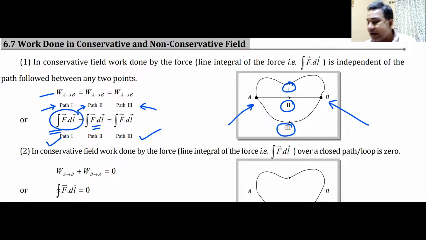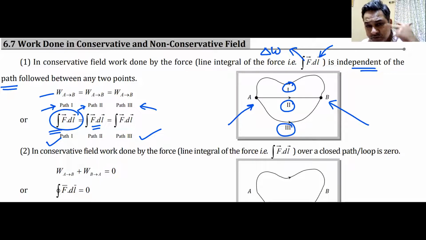Integral of f dot dr is same in all the 3 parts. That is a conservative force. Integral of f dot dl is independent of path. And what is integral of f dot dl? It is the work done by this force in any of the paths. Do not forget this.